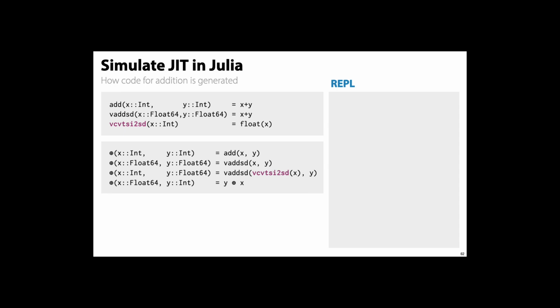And here you can see the cool thing, right? We are able to do what you typically want a compiler to do, which is pick the specific assembly code instruction that is applicable given the types of arguments. So let's use the REPL to show how this would work. This function adds two numbers.